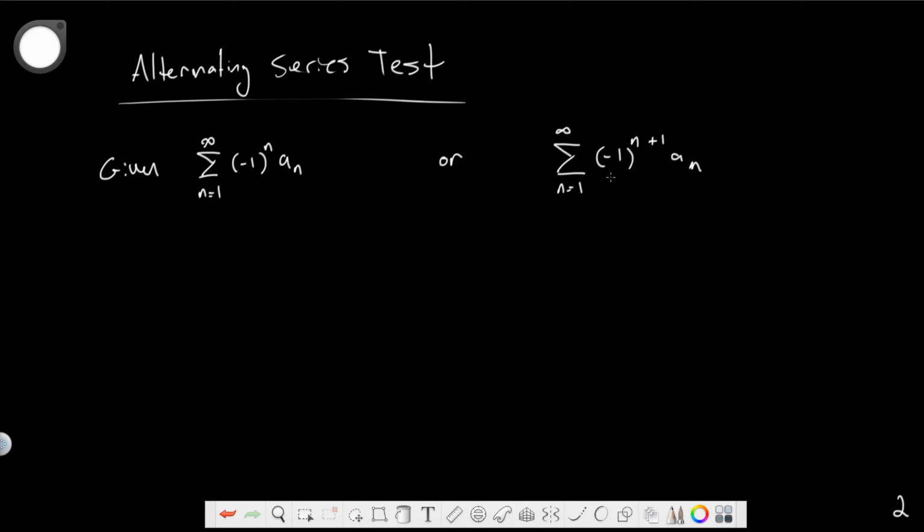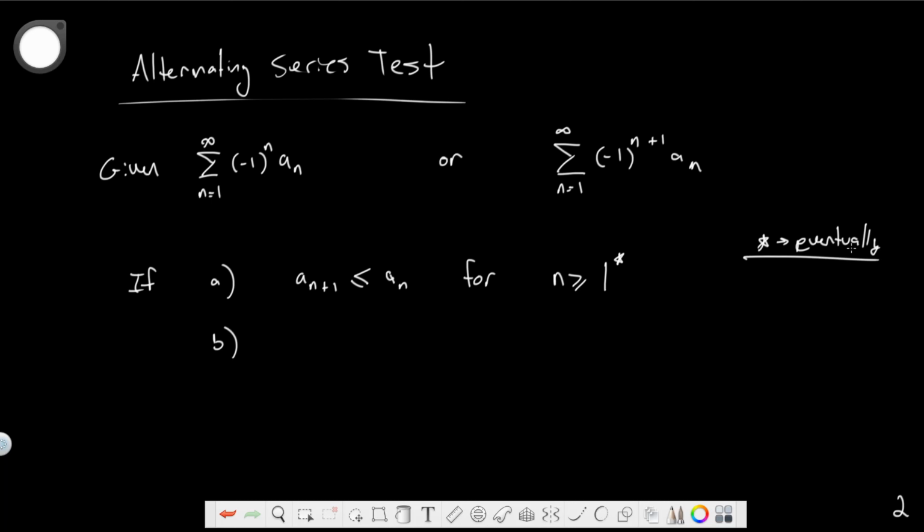So, given an alternating series, positive, negative, if the following 2 things are true: if every successive term in this sequence is smaller than the previous term for n greater than or equal to 1, and I'm actually going to put a little star here, meaning eventually. We've seen this a lot of times.